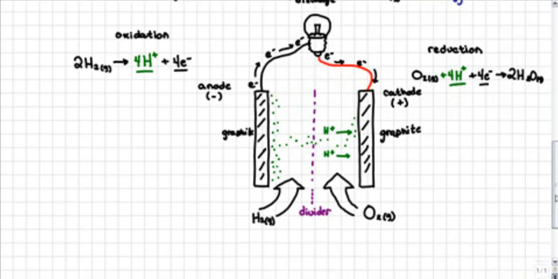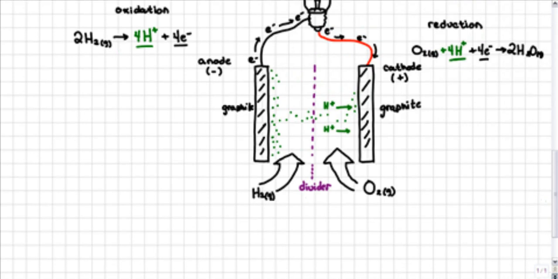Now, tying this all up, this divider is actually known as a semi-permeable membrane. Or let's try that again, a proton permeable membrane. And these special polymer proton permeable membranes are difficult to manufacture, and for that reason are quite expensive.